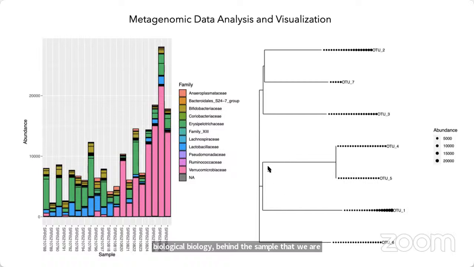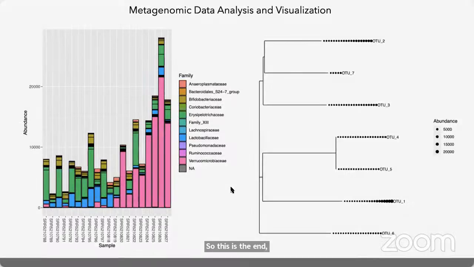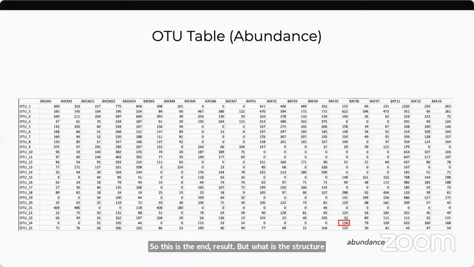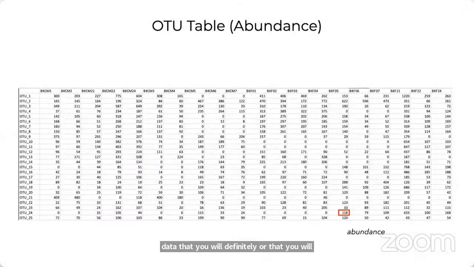So this is the end result, but the structured data that you will generally obtain from metagenomics data analysis is also a table of quantified data, and the quantity that is being quantified is the operational taxonomic units, which are tabulated for their abundance levels across different samples, right?